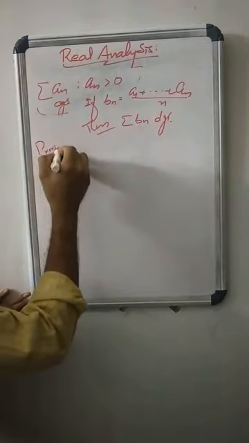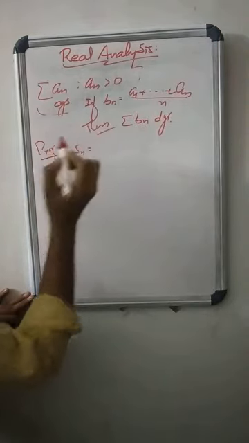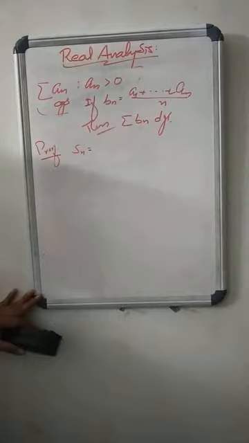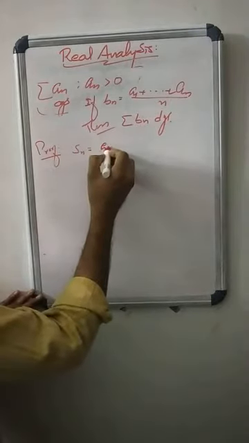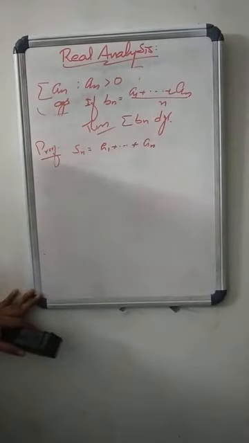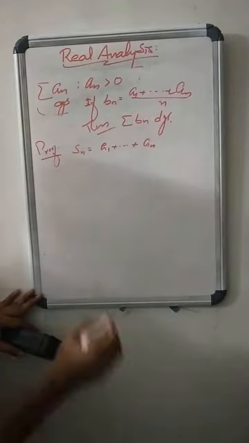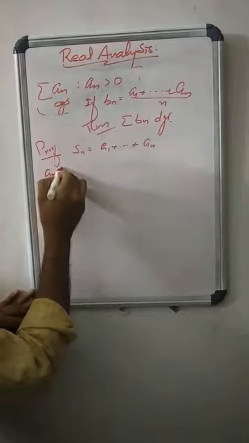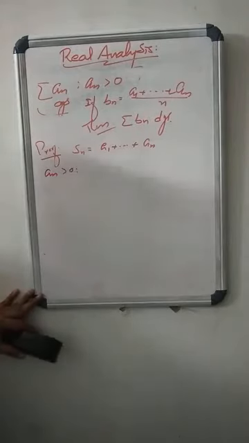That's an important result. Consider S_n, the nth partial sum of the given series. What is S_n here? The nth partial sum of the given series means S_n equals a_1 plus etc. plus a_n. Clearly a_n is greater than 0.